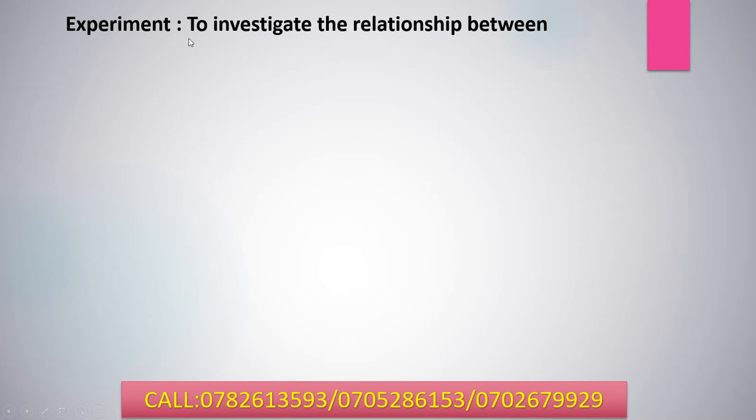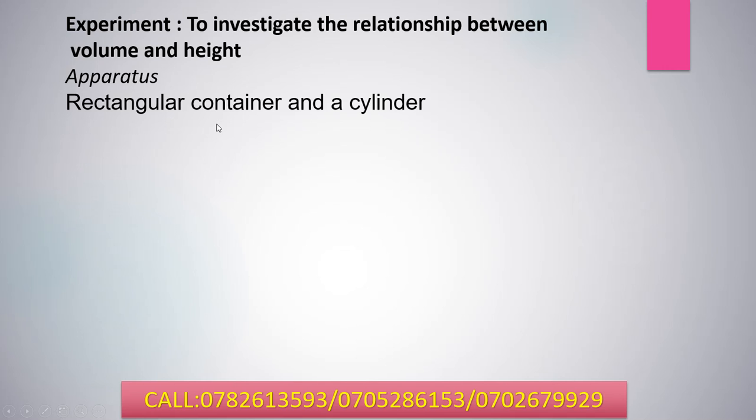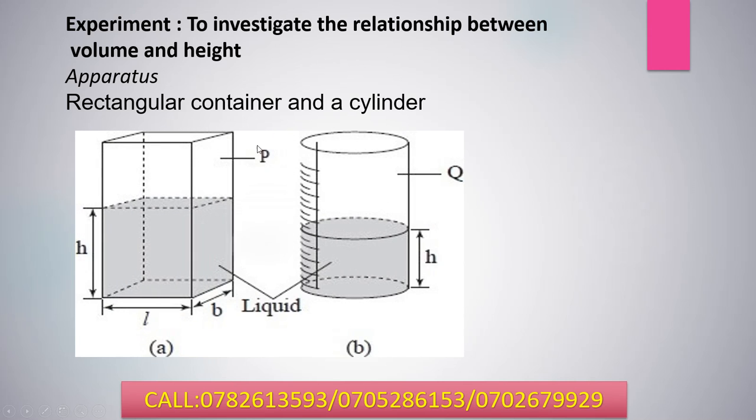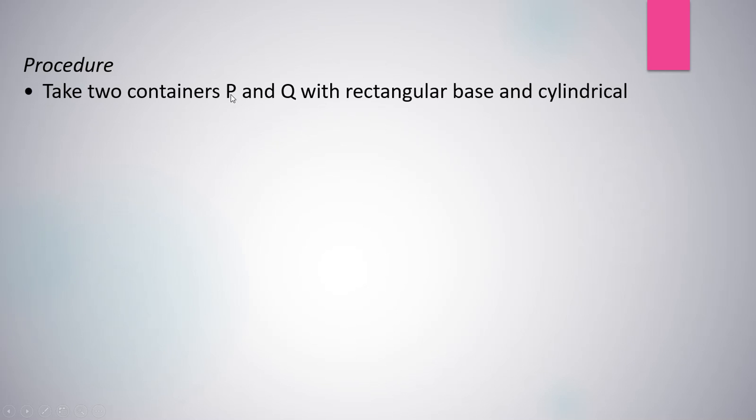Now, we want to look at the experiment to investigate the relationship between volume and height. Here I have two containers: this measuring cylinder P and this measuring cylinder Q. The procedure: take two containers as I've shown you, P and Q, with regular base and cylindrical base respectively.